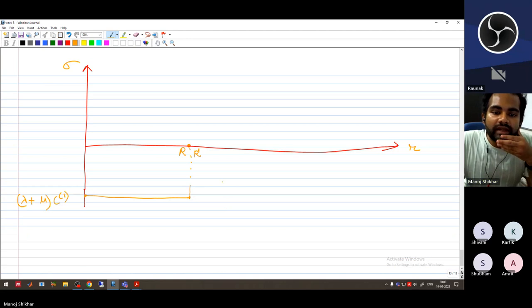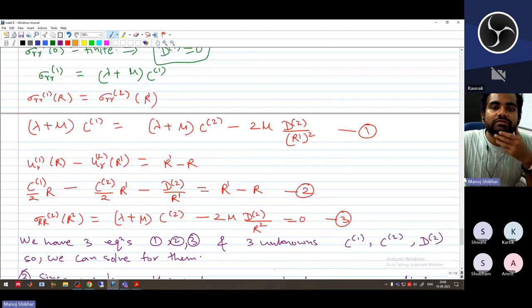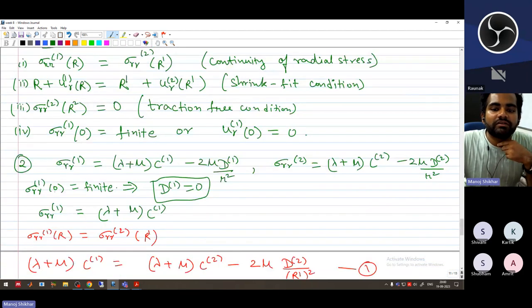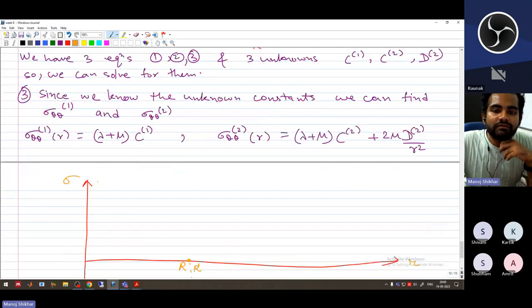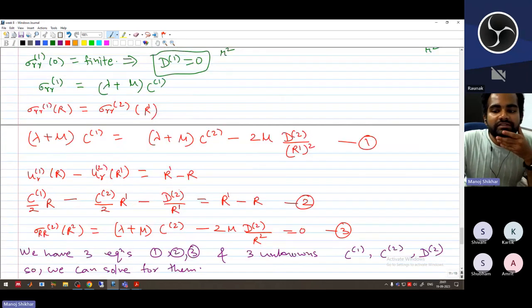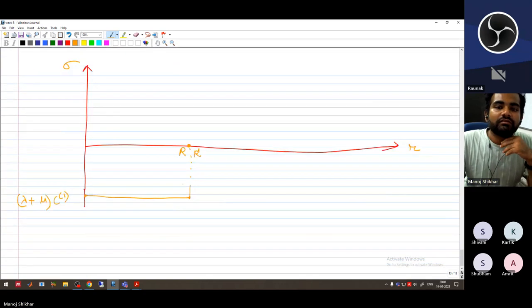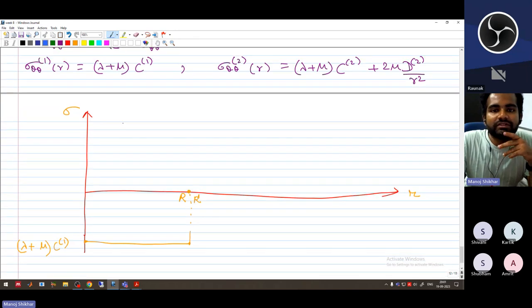At capital R, we are working with the solid cylinder only, so we will be plotting the formulas of the solid cylinder, that is sigma 1. The expression of sigma RR 1 is lambda plus mu into C1, so that's why it has been plotted here. Sigma theta theta also has the same expression because D1 was 0.